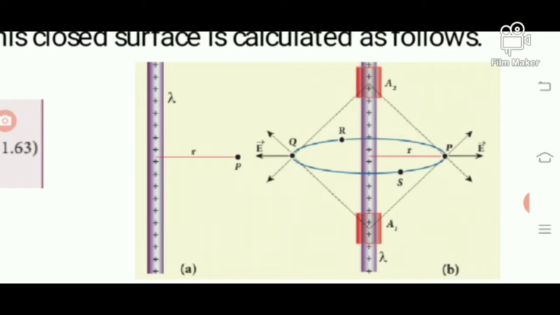From this property, we can infer that the charged wire possesses cylindrical symmetry.